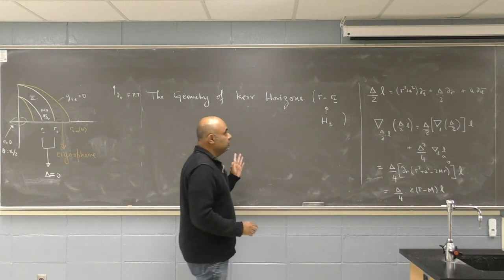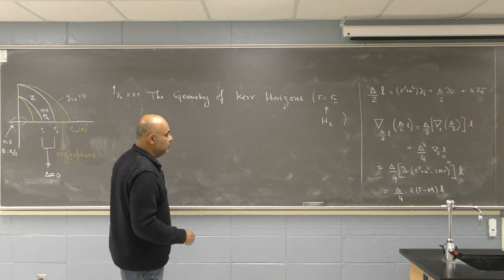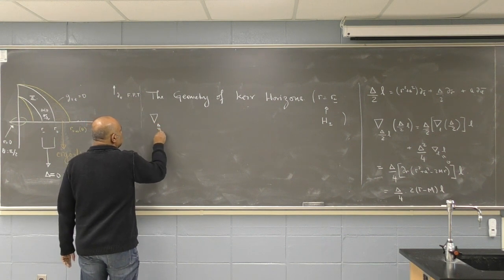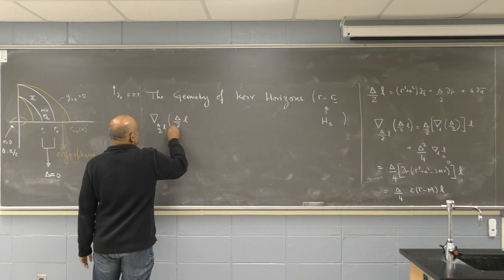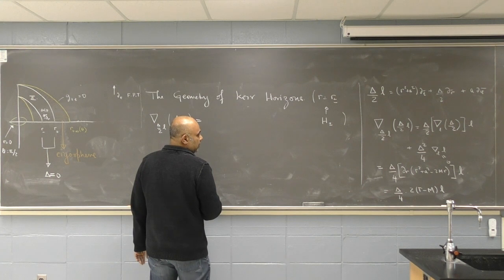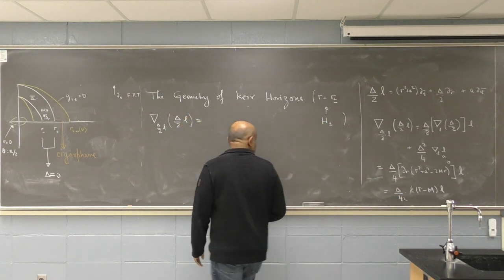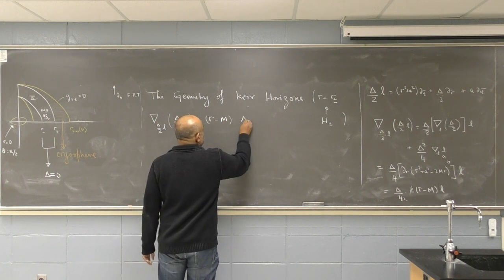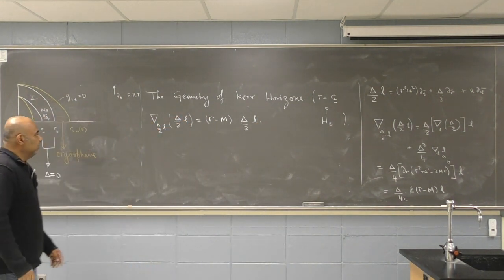This is all in the Kerr-Schild coordinate system because everything is t bar, r bar, phi bar, and so forth. So what I've shown is, I could do this. What does that mean?